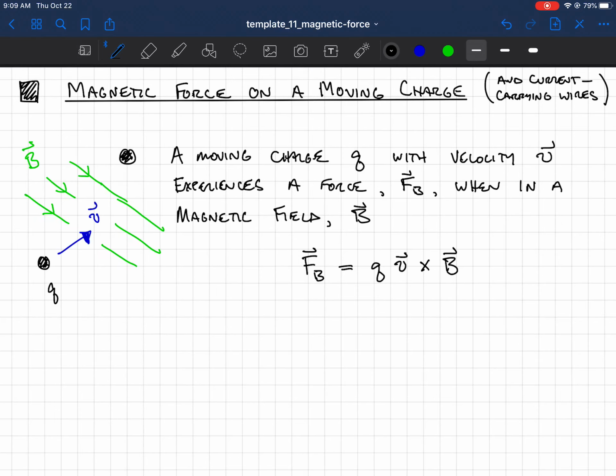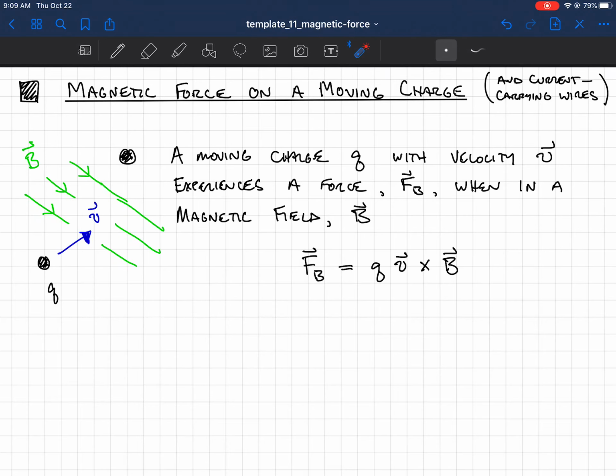So you can immediately sort of see what the direction of the force will be. Remember, the direction of v cross B will be perpendicular to both of them, or a better way to say it is perpendicular to the plane made by the two. And in the drawing that I've made here, both v and B are in the plane of the page, which means that the plane is the page, which means that the result should be either out or into the page.